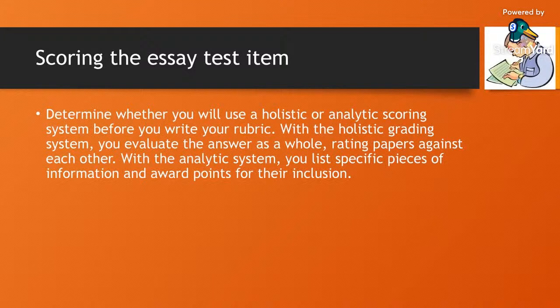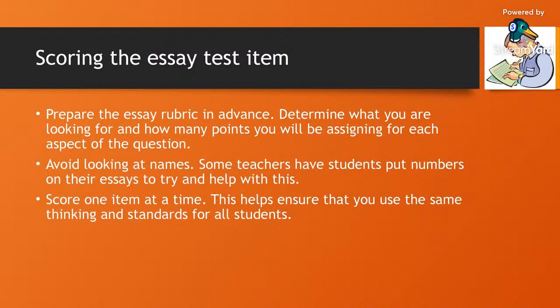And when we become subjective, naapektuhan yung reliability ng results ng essay test natin. Now, para at least mabawasan yung subjectivity natin and to ensure that our essay test results are reliable, pwede natin gawin itong mga sumusunod.